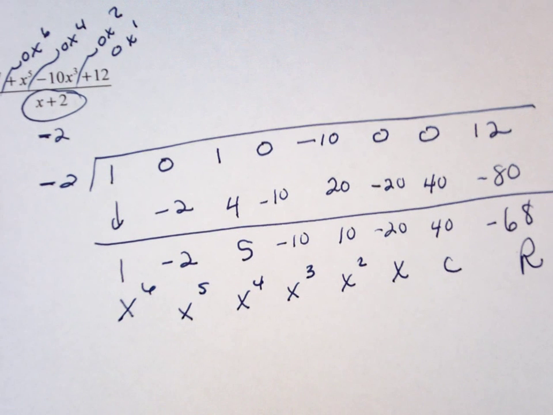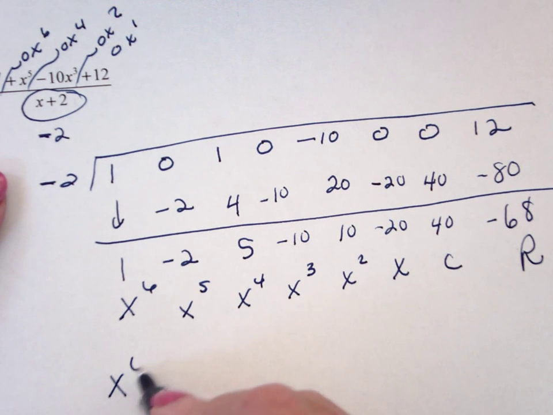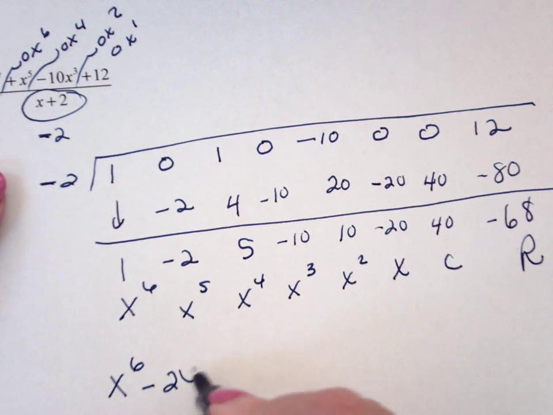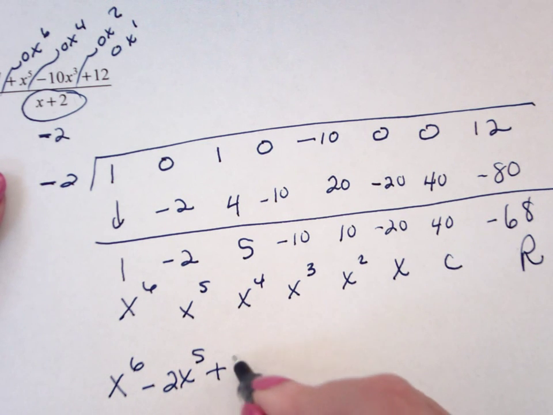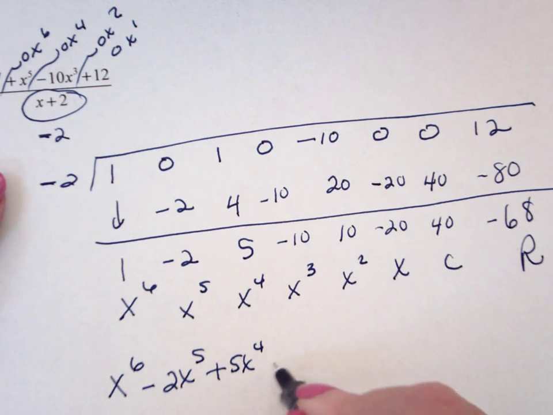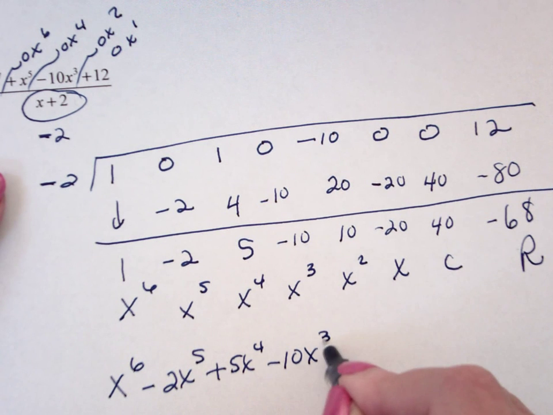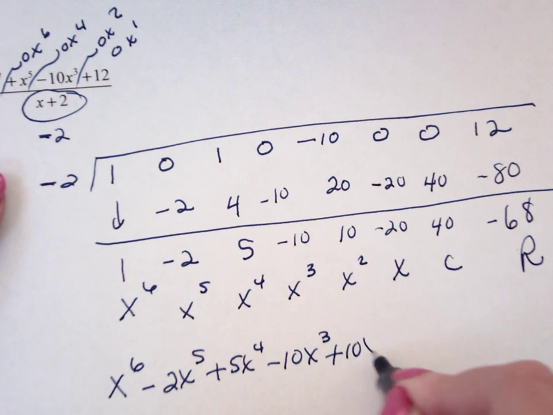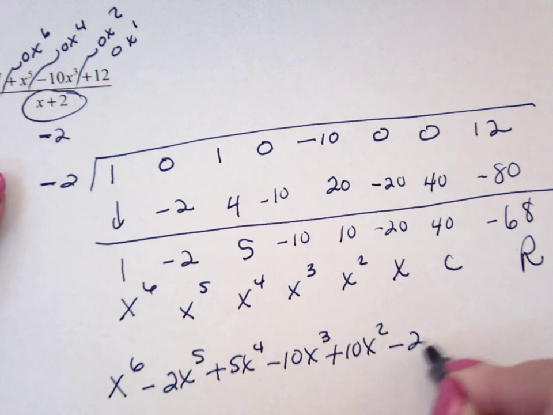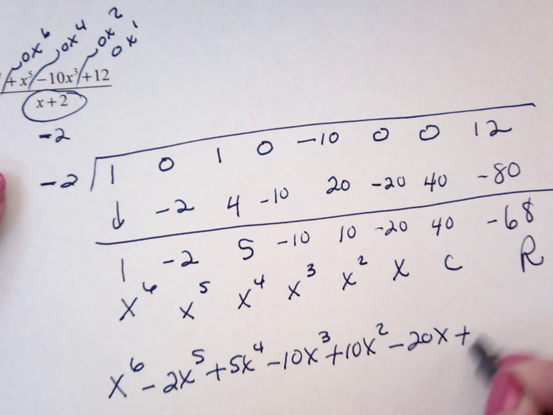So my answer is x to the 6th minus 2x to the 5th plus 5x to the 4th minus 10x to the 3 plus 10x to the 2 minus 20x plus 40 with a remainder of negative 68.